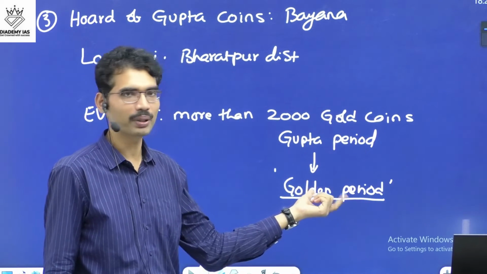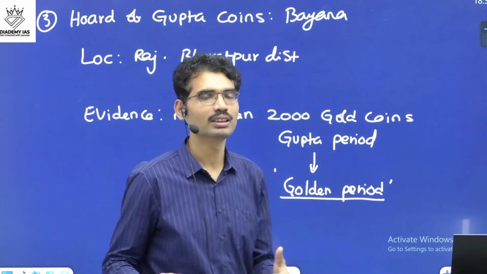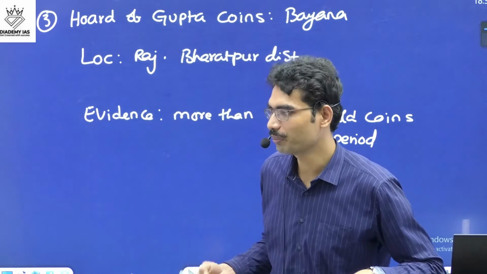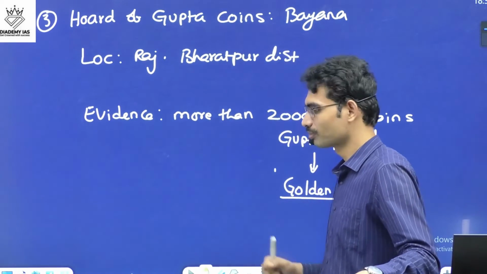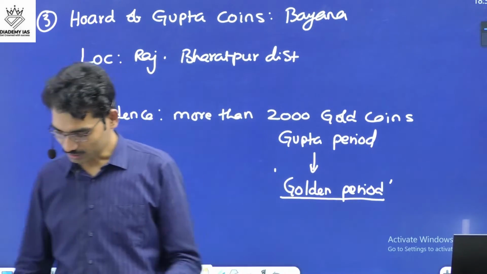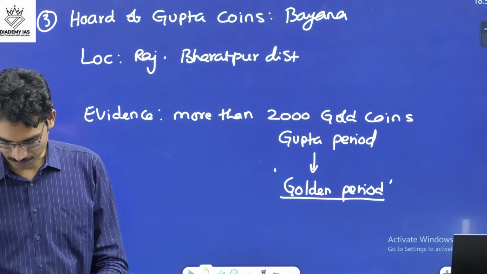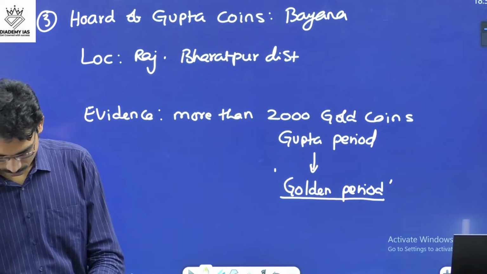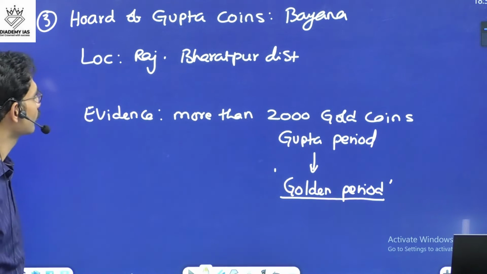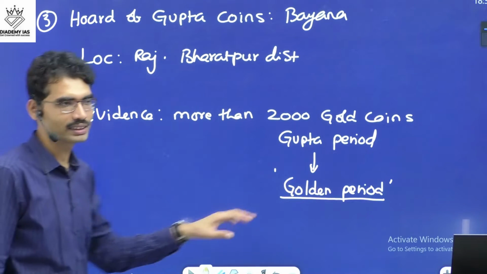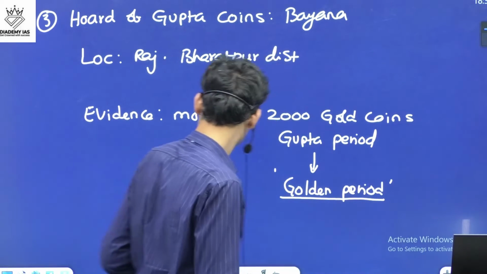That's why historians termed this particular period the golden period. This is one of the reasons, and we got it from this location. Other details, some more details you read from the material.